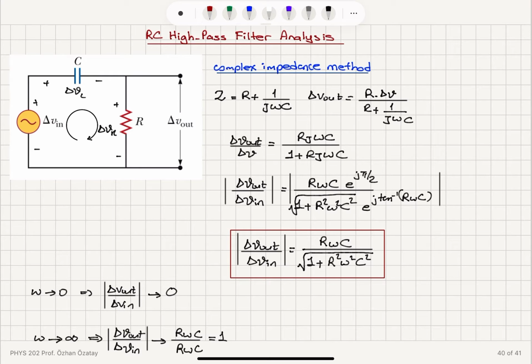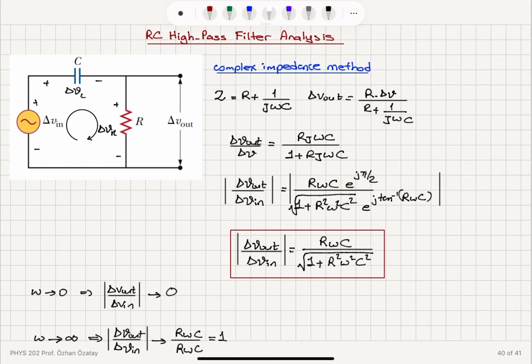Now, before we conclude this discussion, I want to show you how we can formally do the analysis of the RC high-pass filter as an example. So in the complex impedance method, remember that we can replace these resistance and capacitance with complex impedances.